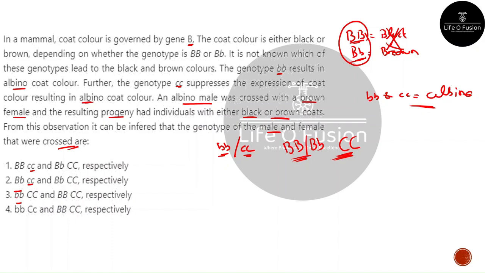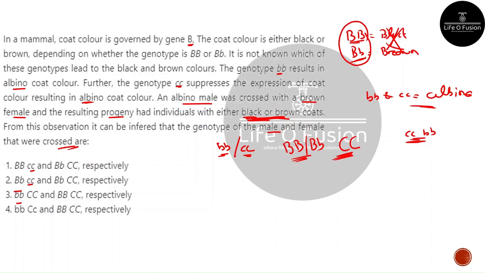Then the individuals, what are their progeny? Their progeny are either black or brown. It means that the male is albino, but the female is not albino, and none of their children receive small c or small b. So their children don't have small c, small b.